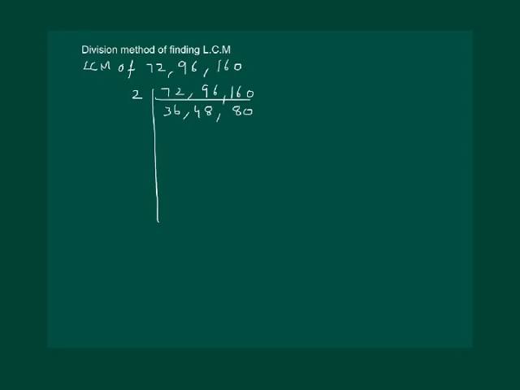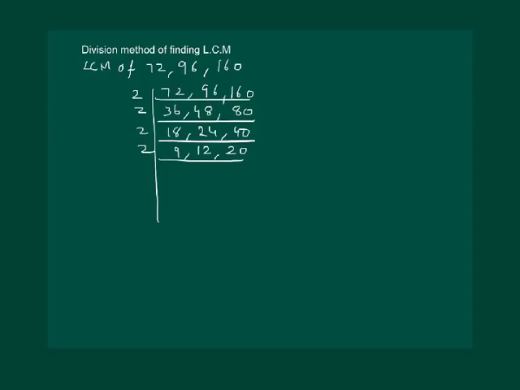Now, keep dividing by prime numbers until the last row has co-prime numbers with no common factors. In this case, we can again divide by 2 and get 18, 24 and 40. Again it can be 2 to get 9, 12 and 20. We can again take 2.